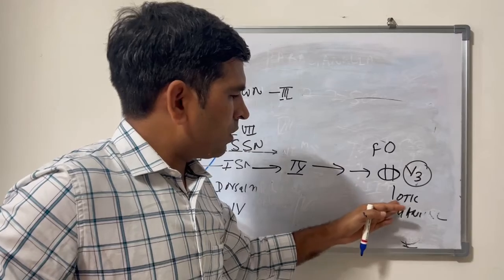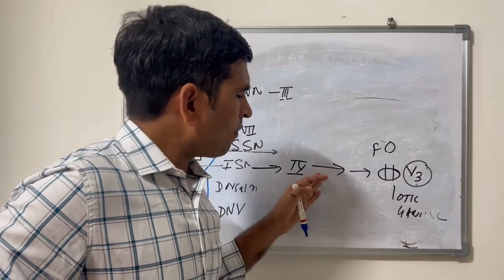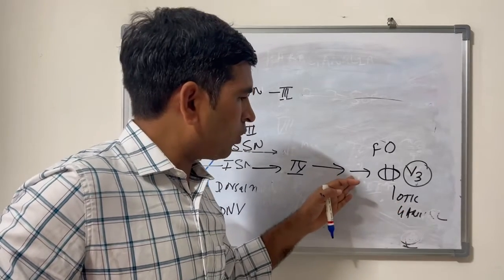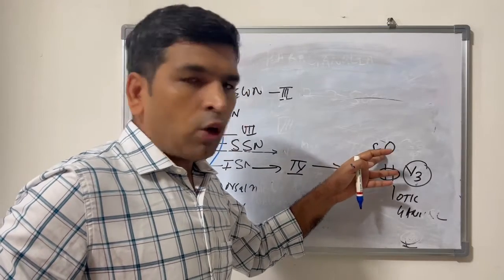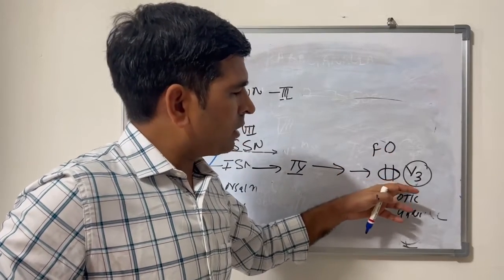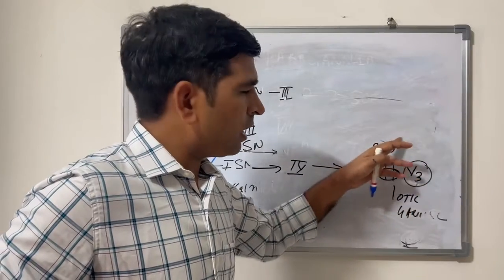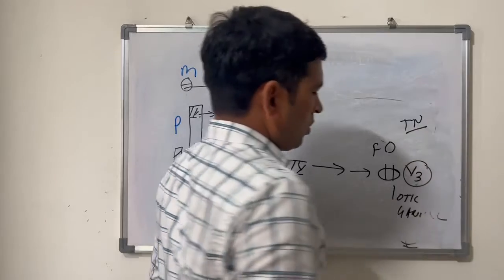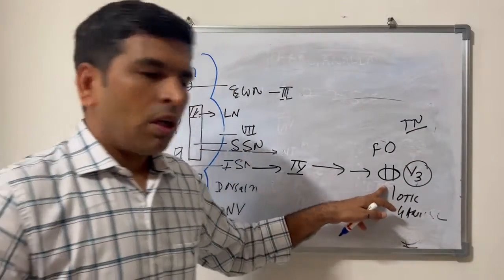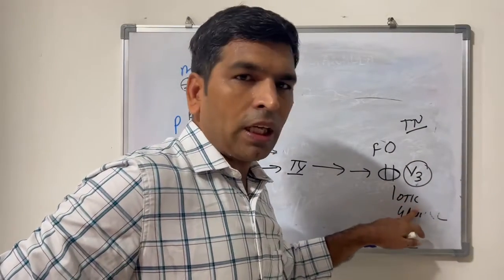After passing through this jugular fossa floor, it ultimately merges with the foramen ovale V3 branch. This V3 is coming from the trigeminal nerve. So this trigeminal nerve has the otic ganglia.